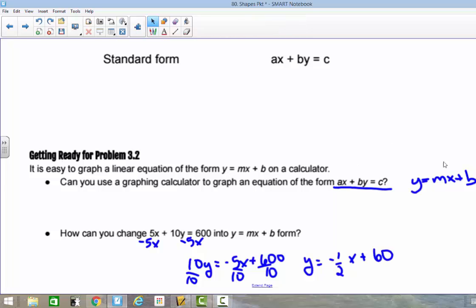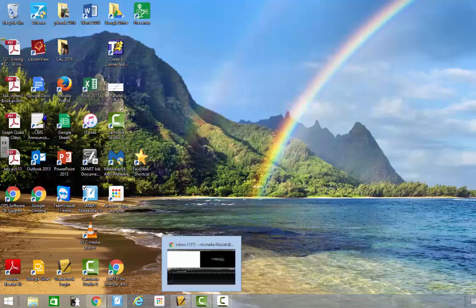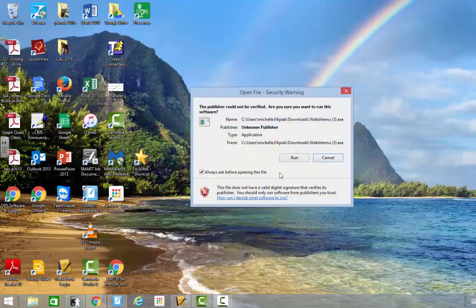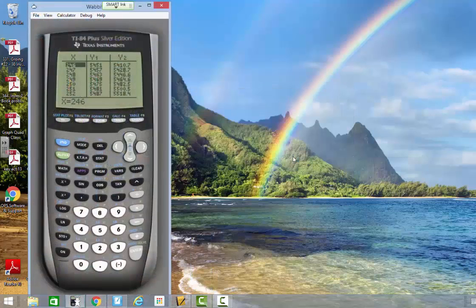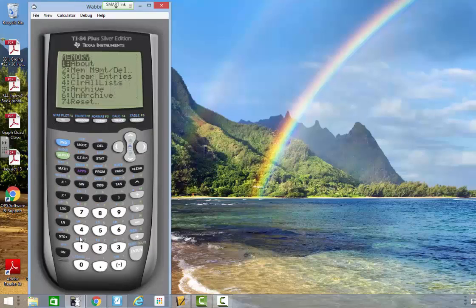So if you wanted to see that on a calculator, you would, right here. You would clear your calculator, second plus 7, 1, 2. You would go to y equals and type in negative, you could do 0.5 or you could put 1/2 in parentheses, x plus 60.